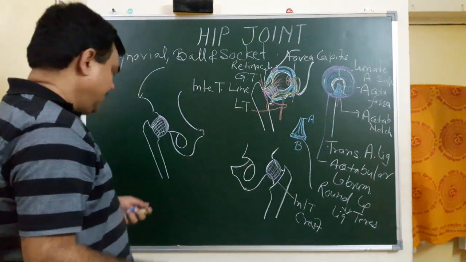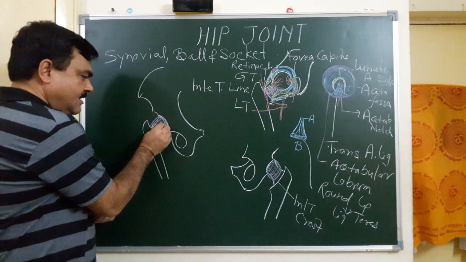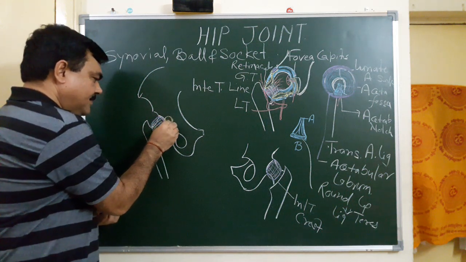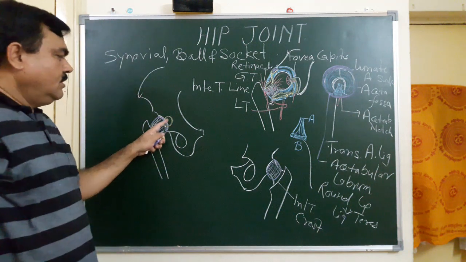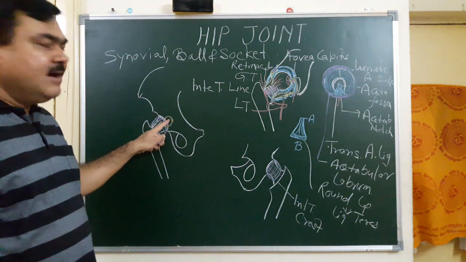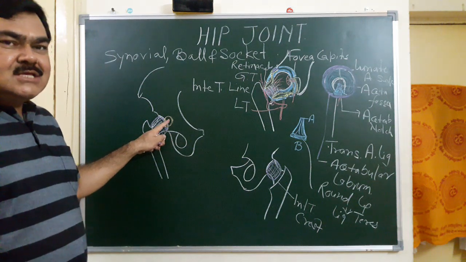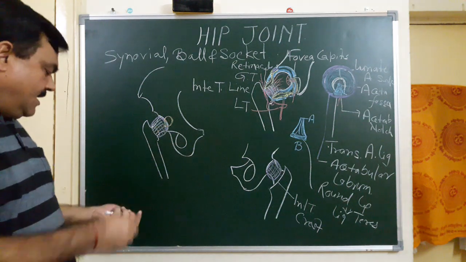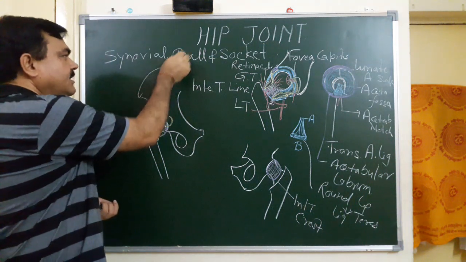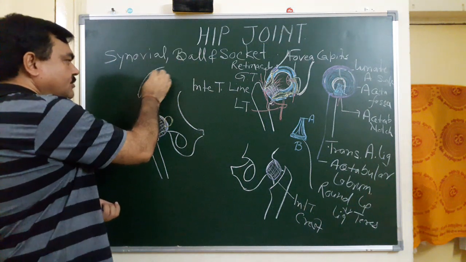Anteriorly, sometimes a small portion of the synovial membrane comes out and forms a bursa known as the psoas bursa. Here, the iliopsoas tendon takes origin from the iliacus.